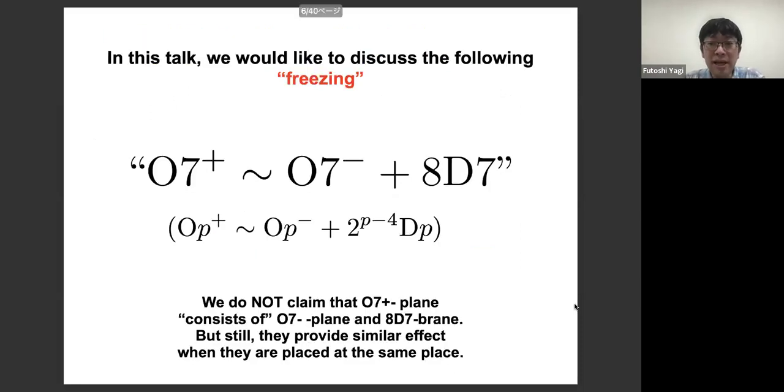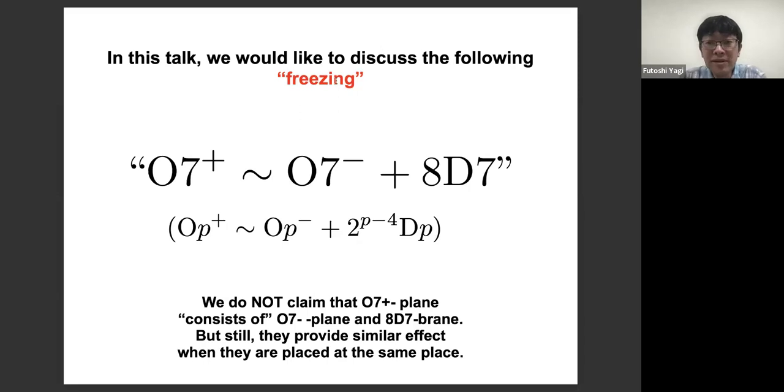The topic today is that I would like to discuss a non-trivial relation between the O7-plus plane and the O7-minus plane with 8 D7 branes. More generally, we can generalize this relation to generic dimension: the relation between the Op-plus plane and the Op-minus plane plus 2 to the power of p minus 4 Dp branes.